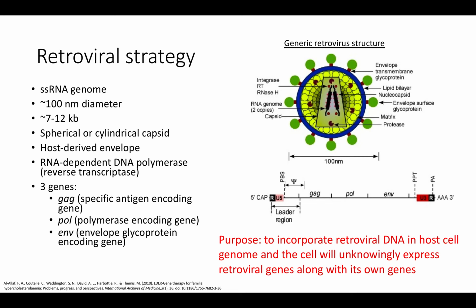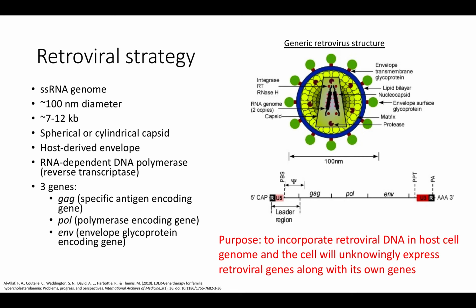Now, some might contain more, but all retroviruses contain GAG, which is the antigen encoding gene. It contains POL, which is the polymerase, the reverse transcriptase, and then ENV, which is the different proteins that are expressed on the retroviral envelope.